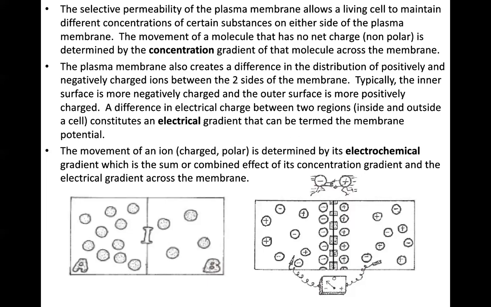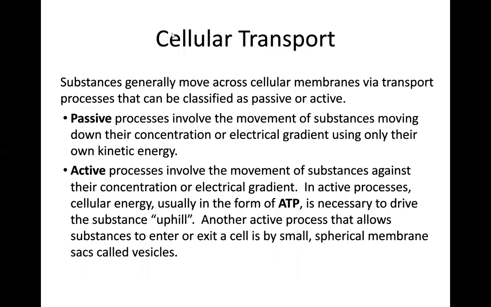So the way that substances typically move is through passive processes down their concentration gradient. When I said on the previous page, down their concentration gradient, it means going from high concentration to low concentration. My advice would be to write that phrase out on that previous page: from high to low.